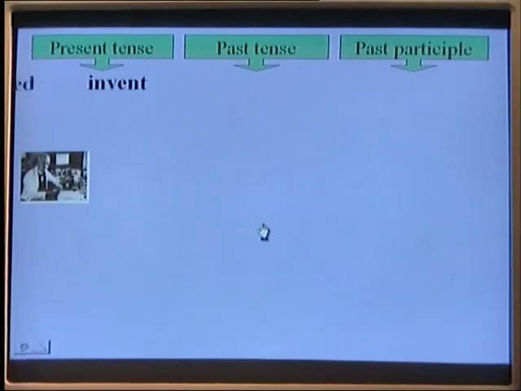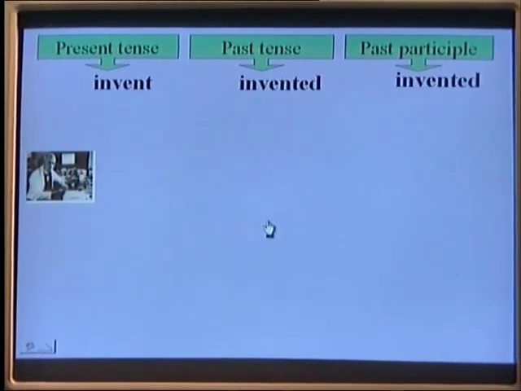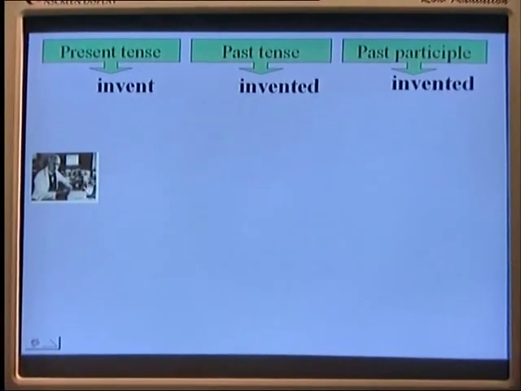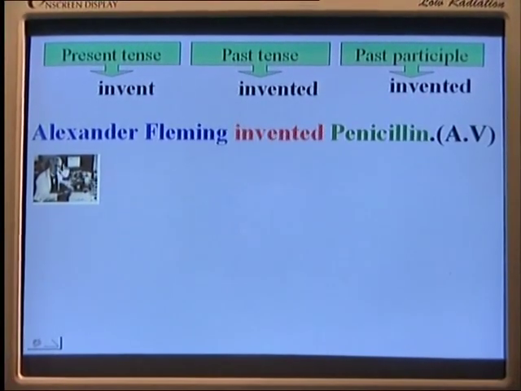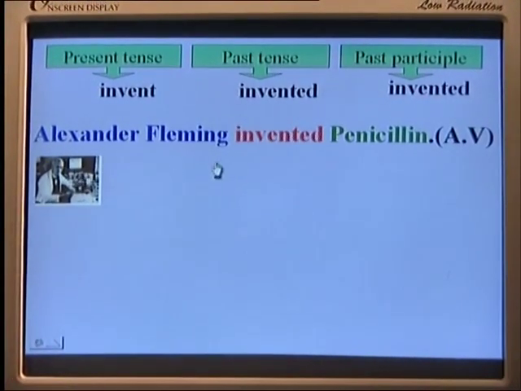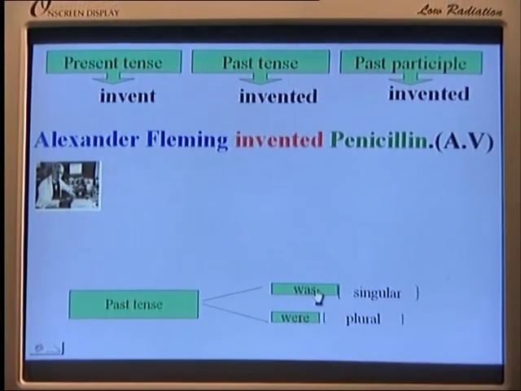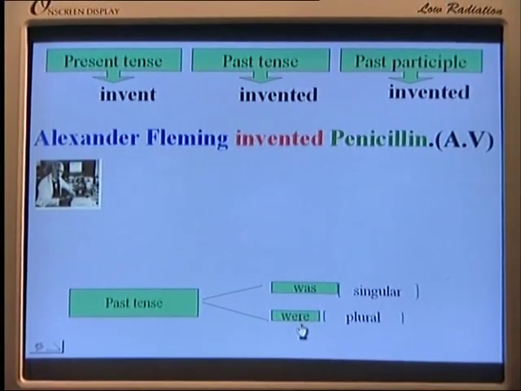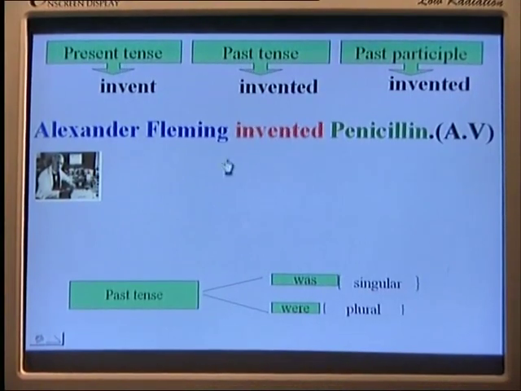Look at this. Invent, invented, invented. Can you recognize him? Alexander Fleming. Alexander Fleming invented penicillin. Now, try to change it into passive voice. The sentence is in past tense. So, when it is in past tense, either was or were should be used, but you should look at the object.